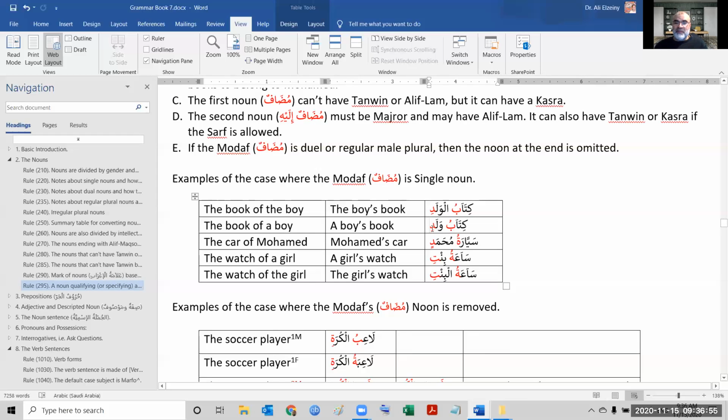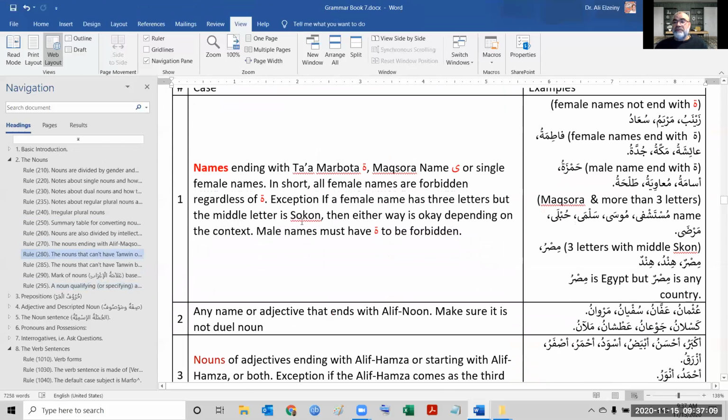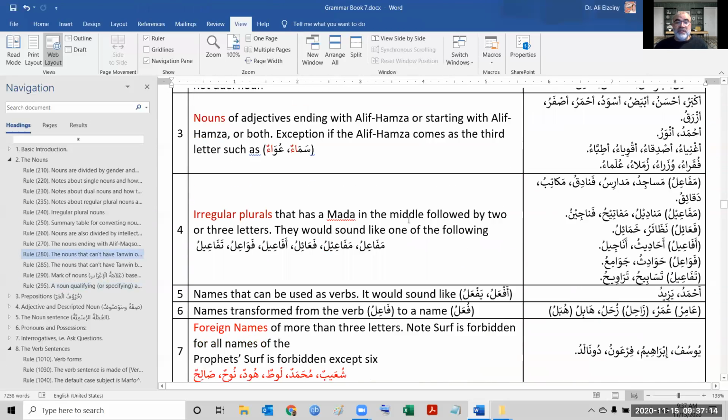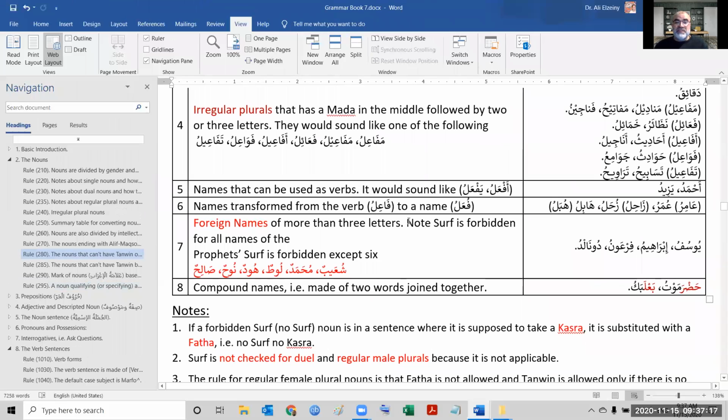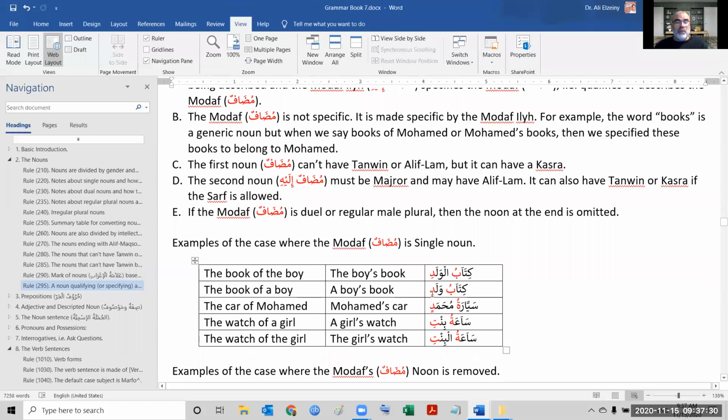But if we go back to check the rules of sarf, the word boy doesn't fall under any of those cases. So it means that sarf is allowed. So we do tanween, because sarf is allowed.